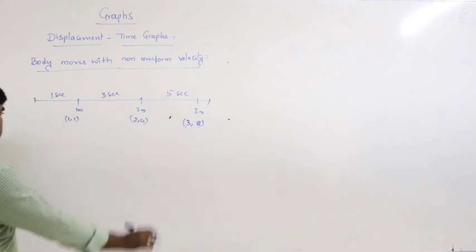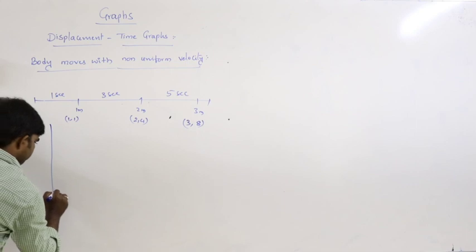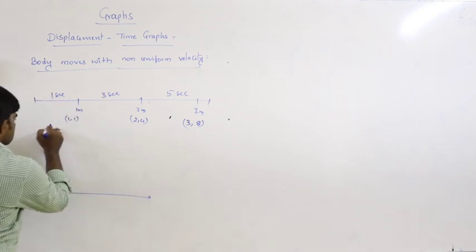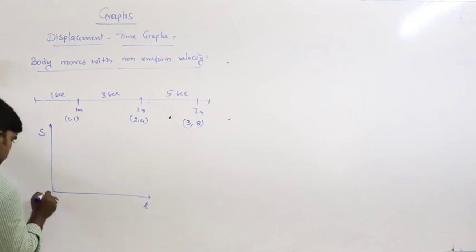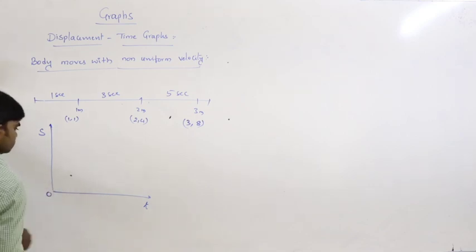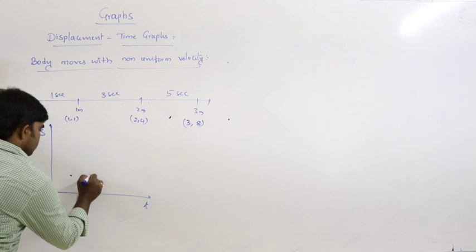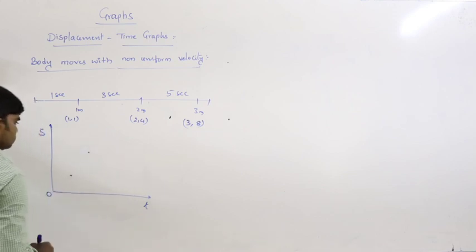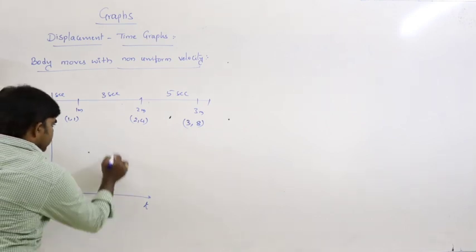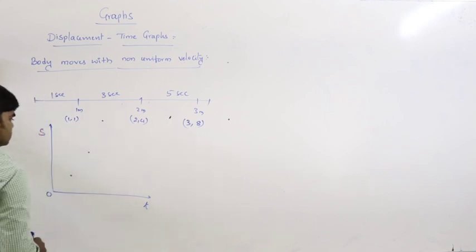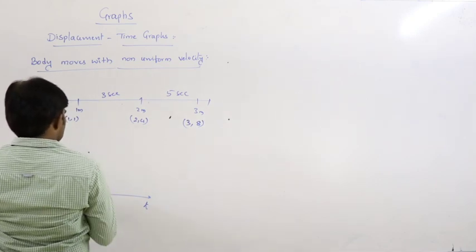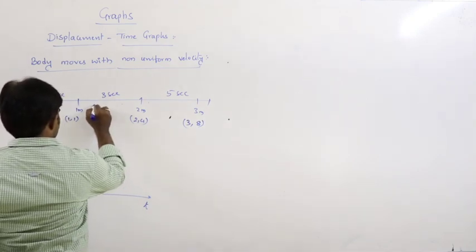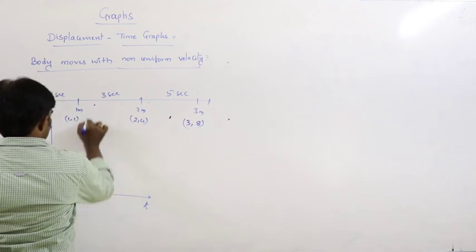If you draw this graph, displacement time, it is 0, then 1, 1, next 2, 4, next 3, 8, like that. So the shape of the graph is like that.